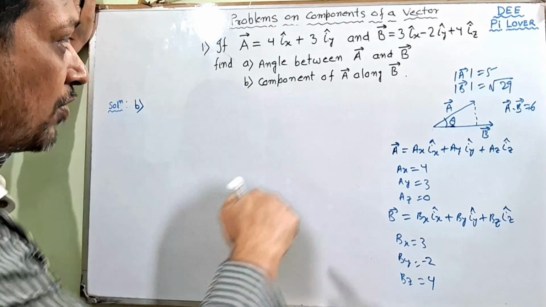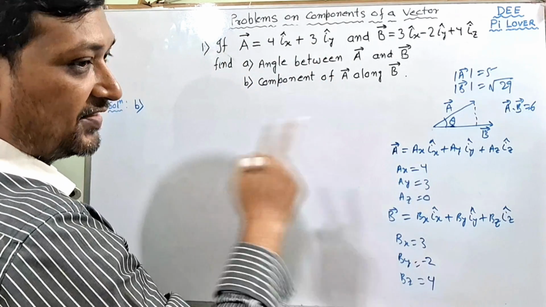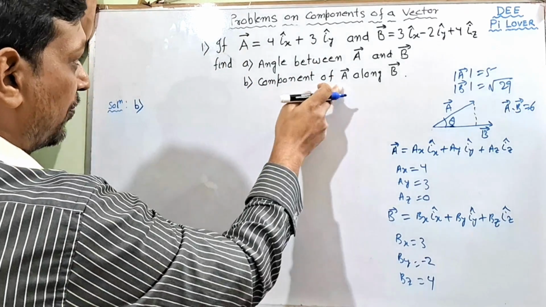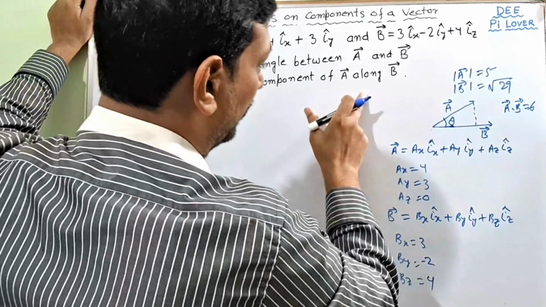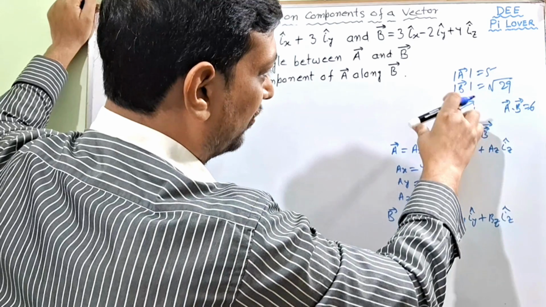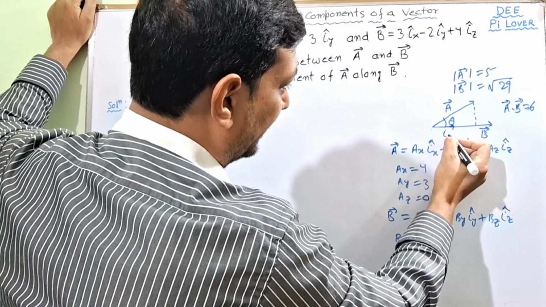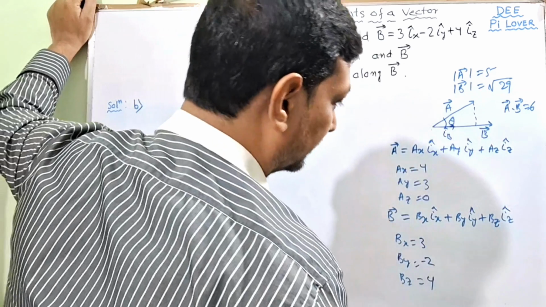And to find the vector component of this vector, we have to calculate first the scalar component. And the scalar component of this one, how can we calculate? We can calculate it by taking the projection of this A vector along B vector and taking a unit vector here, IB.